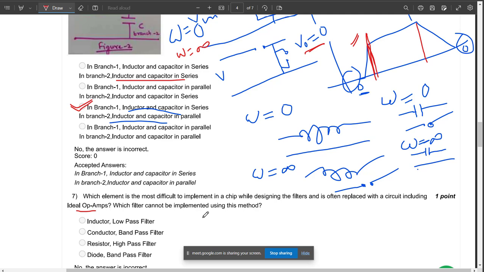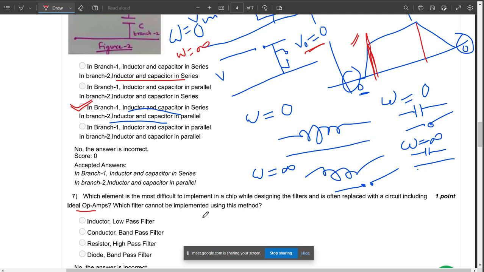So there we have to put a lot of effort, and economically it becomes difficult, right? So this is what it is. The element most difficult to implement is the ideal op amp. Now tell me what filter cannot be implemented using this method.